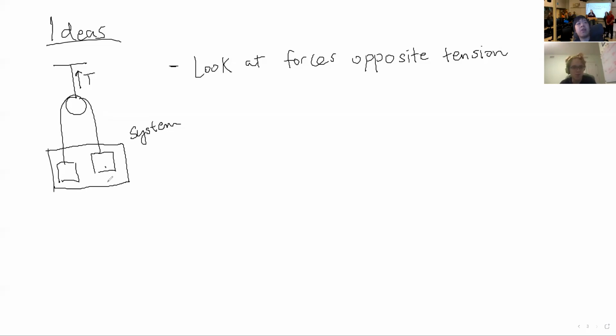Well, there's gravity, and because you did not consider the string to be part of the system, the tension. I'll call this T1, and the top tension T2. So these forces are acting on the boxes. What now? Just say this is M2 and this is M1. All right, so what now?